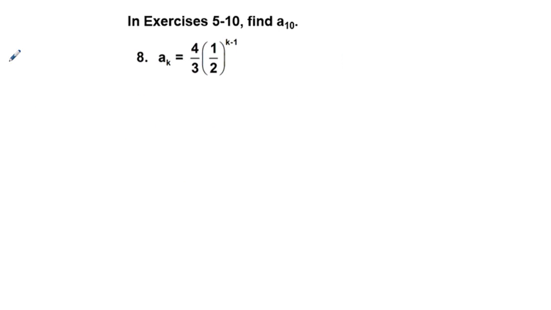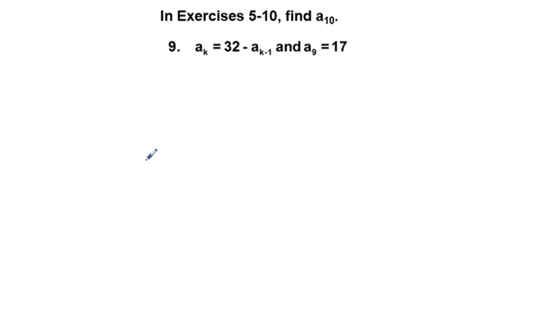Next we go to problem 9. A sub k equals 32 minus a sub k minus 1, and a sub 9 equals 17. Here we want to find a sub 10, so a sub k equals a sub 10. Therefore a sub k minus 1 is equal to a sub 9. Does that make sense? It should.